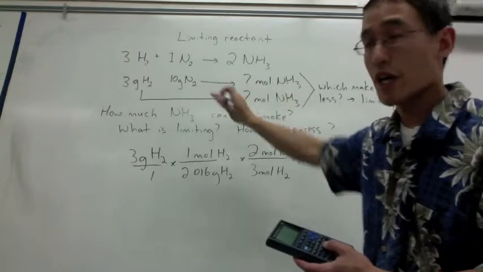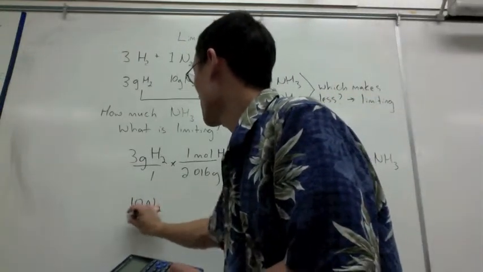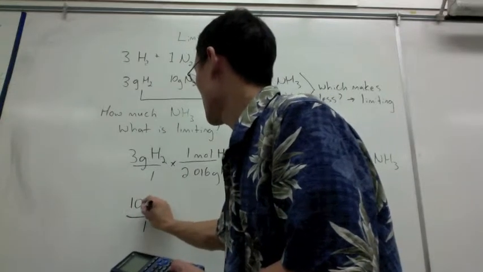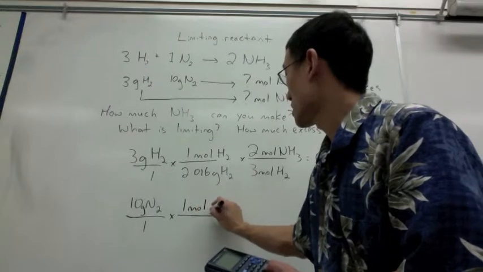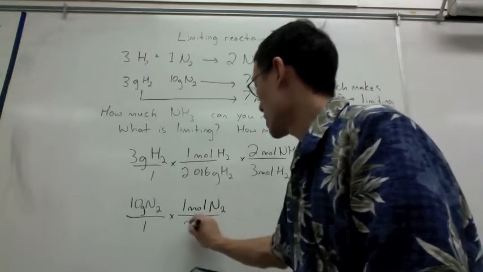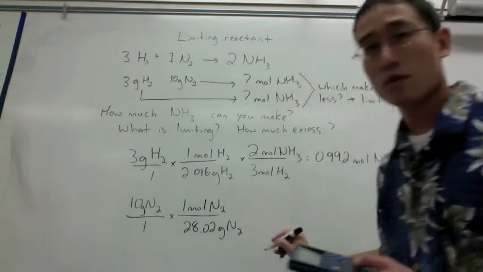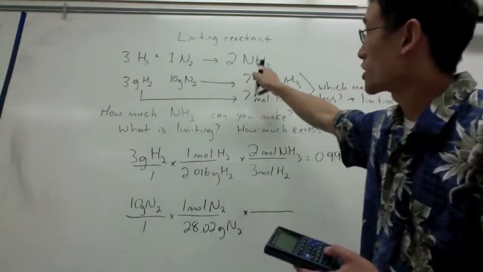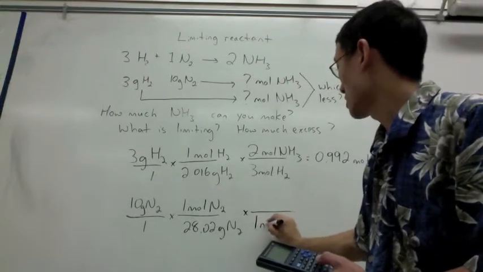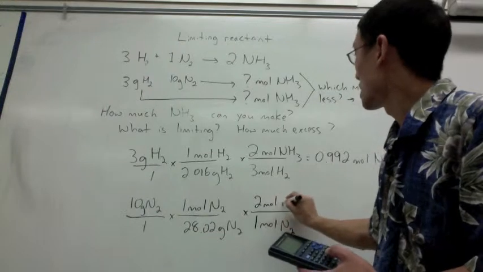Do the same thing for nitrogen now. So I'm going to have 10 grams of N2. And for every mole of nitrogen, it's 28.02 grams. That's from the periodic table again. My mole ratio between nitrogen and ammonia now is 1 mole of N2 gives me 2 moles of NH3.